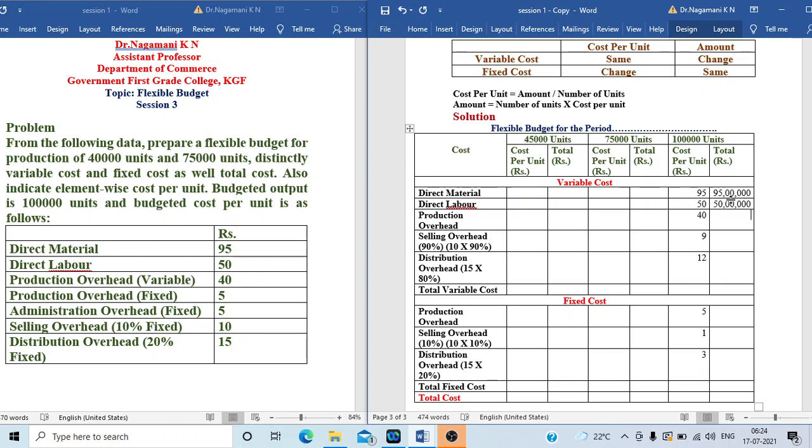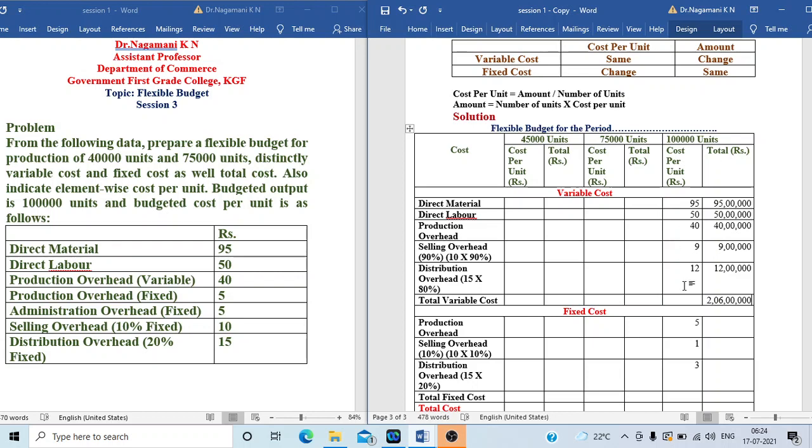Next, production overhead 40 into 1 lakh, 40 lakhs. Next, selling overhead 9 into 1 lakh, 9 lakh. Next, distribution overhead 12 into 1 lakh, 12 lakhs will come. We should put the total, 2 crore 6 lakhs will come.